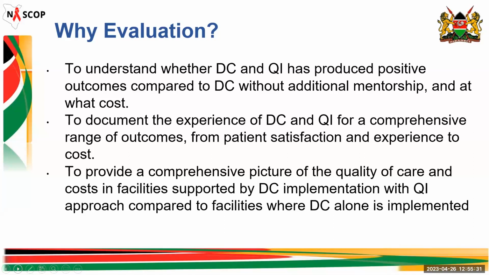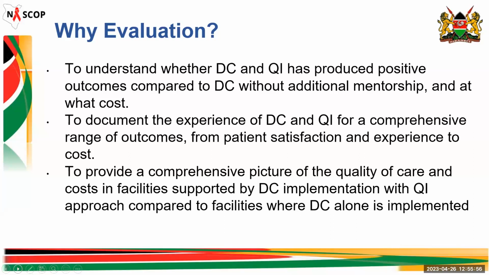So the purpose of this evaluation came at the end of the 2-year period of the intensive work that Maureen has described. Basically, we wanted to understand whether DC and QI had produced positive outcomes compared to facilities that were implementing DC without the additional mentorship, and at what cost.